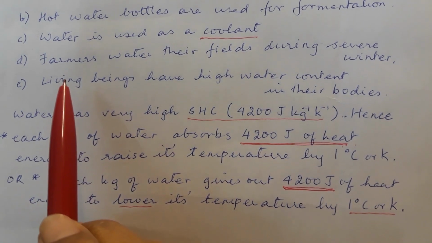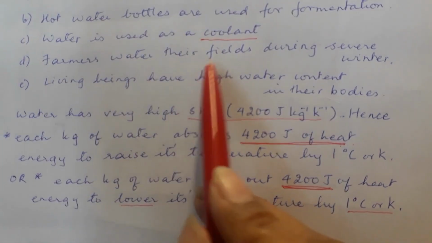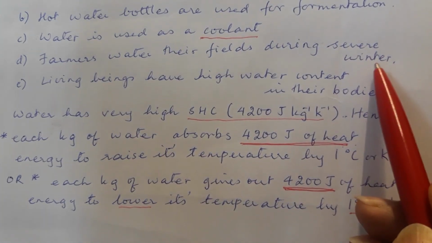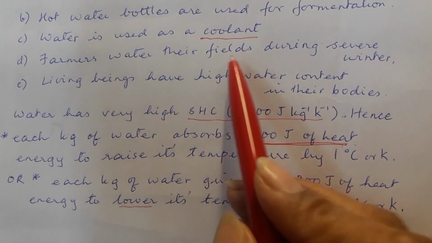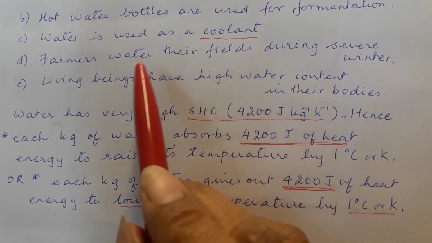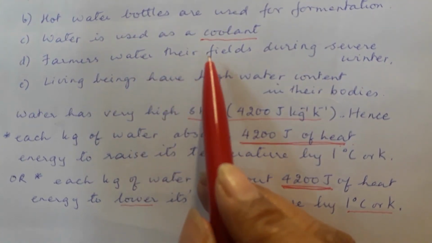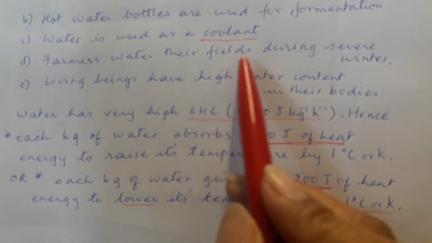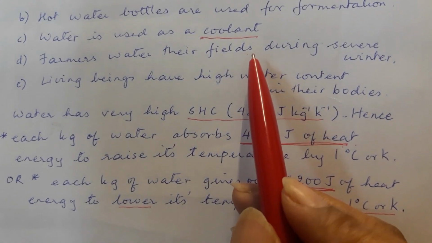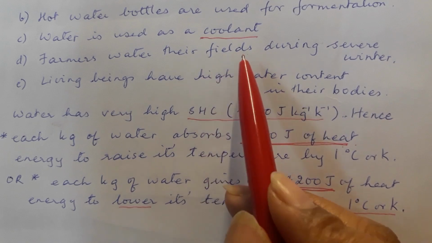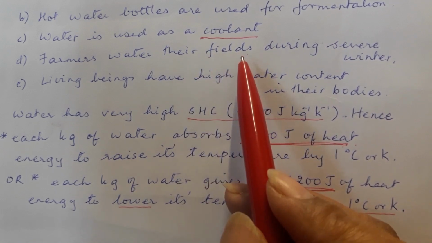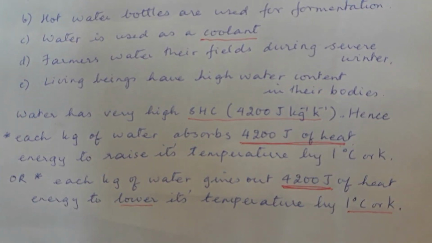Now we come to the next one. Farmers water their fields during severe winter. Where frost is predicted, they will water the fields at night. Now the temperature is lowered at night, which means the fields can fall below the freezing point of water. So we want to avoid the freezing of the crops. And so we start the sentence exactly the same way.